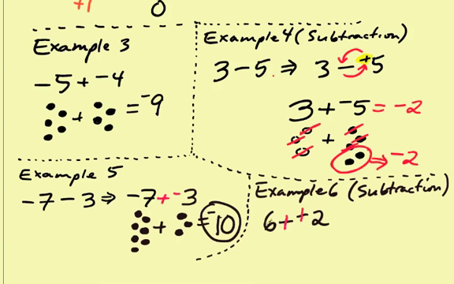Okay, so we have 6, +6, and then added to +2. This is something you guys have been doing since first grade and second grade and on and on. So it doesn't get easier than this. 6 white dots added to 2 white dots.